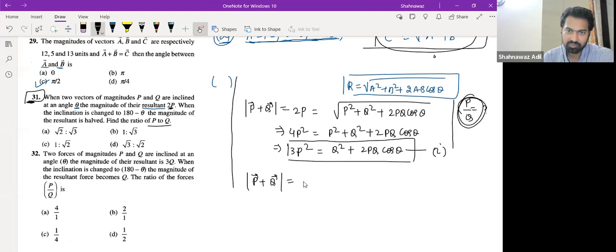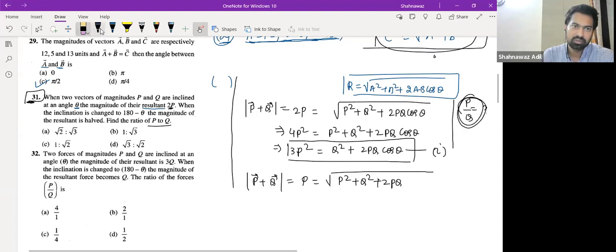So that will be just P. So this would be equal to P square plus Q square plus 2PQ cos of 180 minus theta.